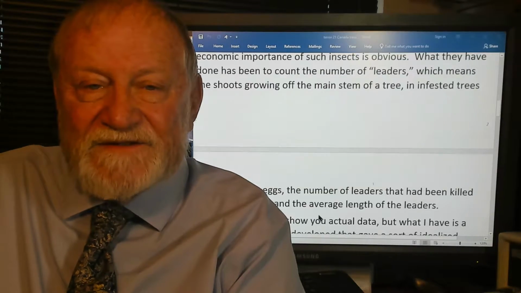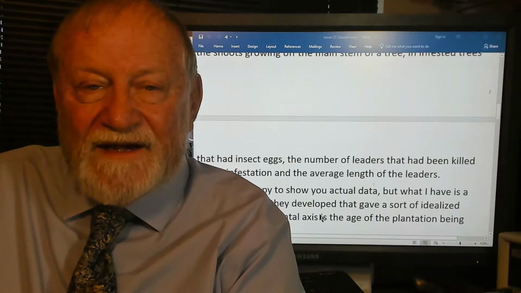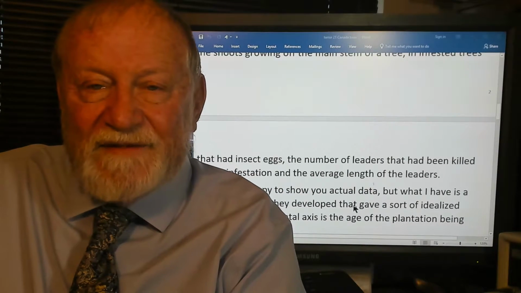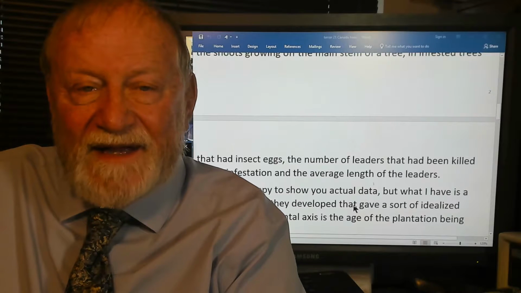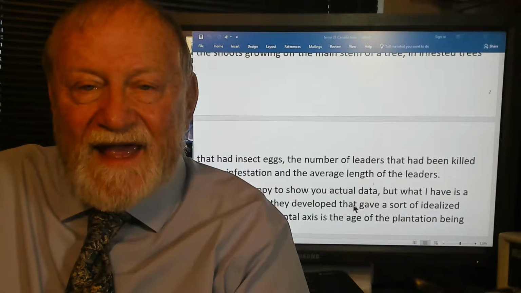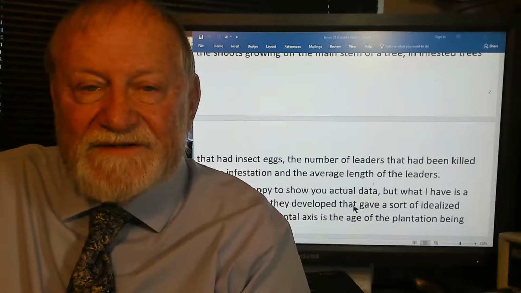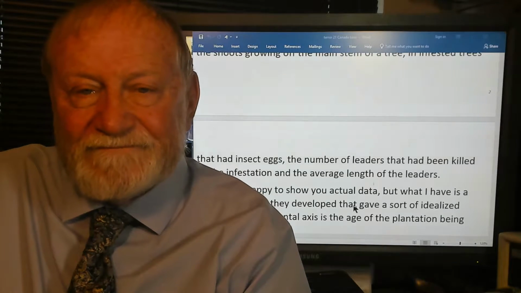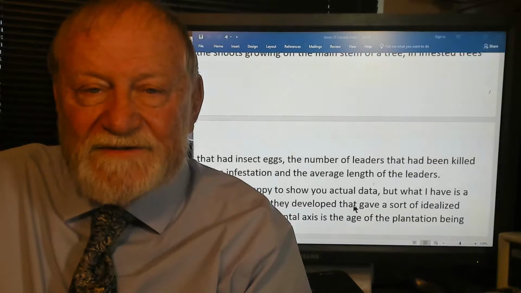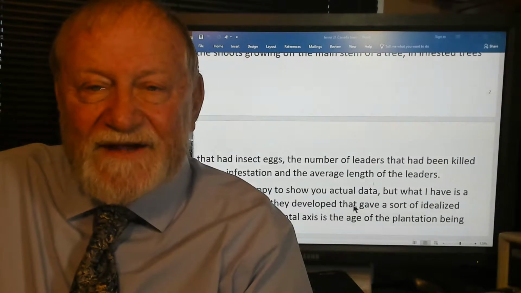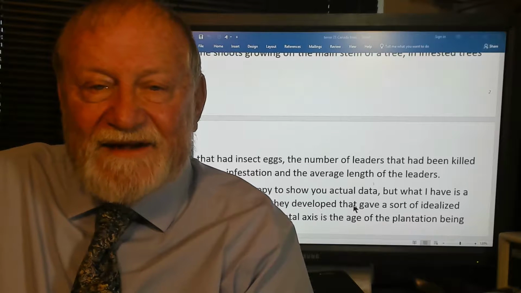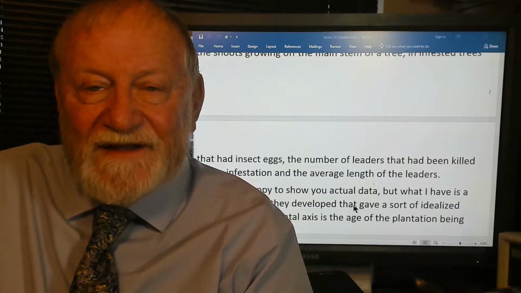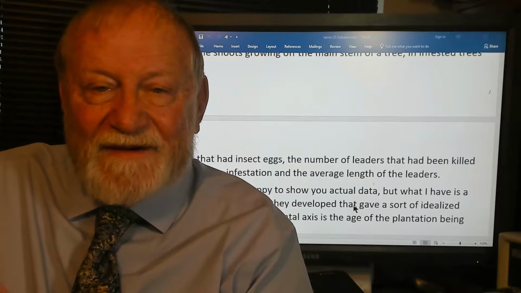In infested trees that had insect eggs, the number of leaders that had been killed by infestation and the average length of the leaders. I should have to show you the actual data, but what I have is a computer model they developed. This gives a sort of idealized pattern.